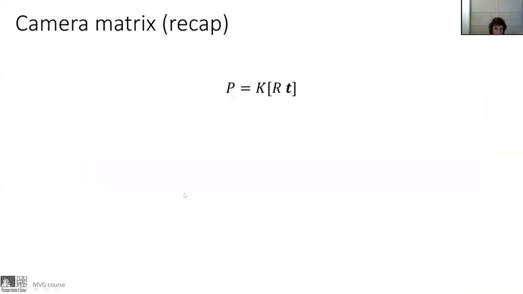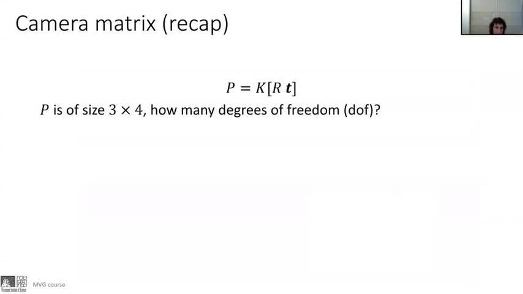But in order to understand exactly what the calibration matrix is, let's recap everything and understand how many degrees of freedom I have in the camera. So I have R, t times K, and P is of size 3 by 4, so I can have a maximum of 12 degrees of freedom, right?